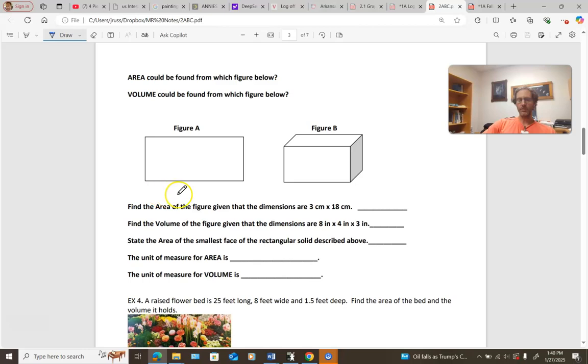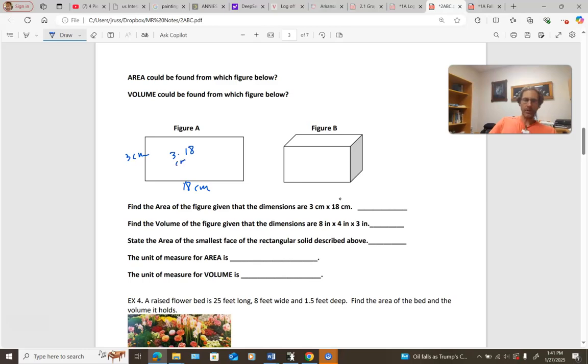All right, so we get just a little practice. It says find the area of the figure given that the dimensions are 3 centimeters by 18 centimeters. So figure A is 2-dimensional, so we can say that this side is 18 centimeters and this side is 3 centimeters. And if I want to find the area, I multiply those. I say 3 times 18.